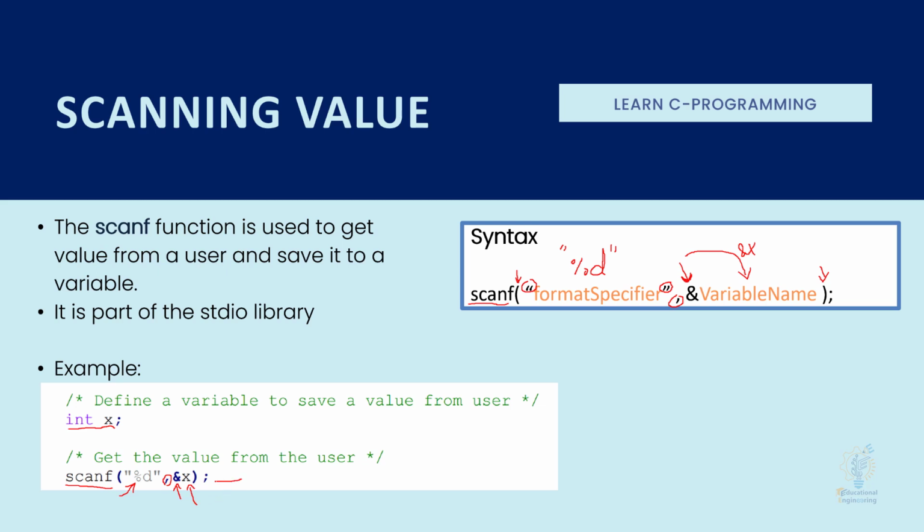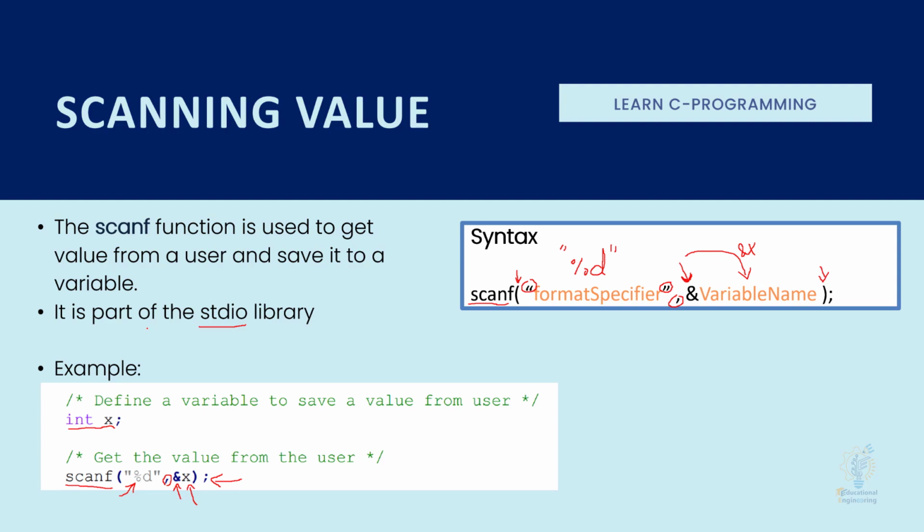You need to make sure that you follow the very same structure like in this line: scanf, %d, which is the format specifier between two double quotation marks, a comma, then the ampersand sign and the variable name, then close the parentheses and add a semicolon. The scanf function, again, is a part of the stdio, or standard input-output library, so there is no need to include any other file.